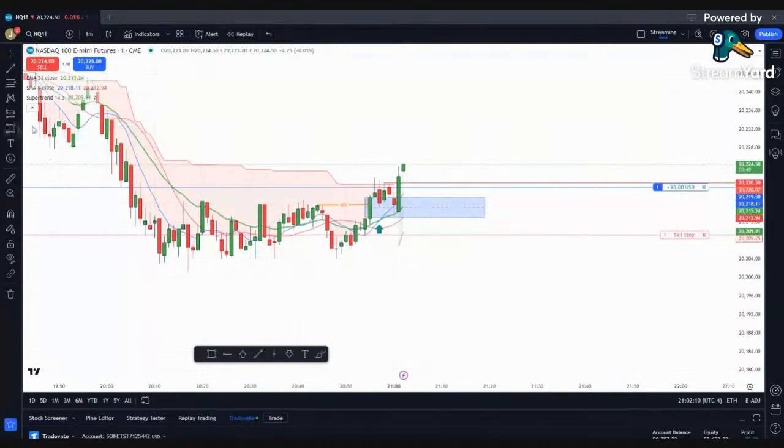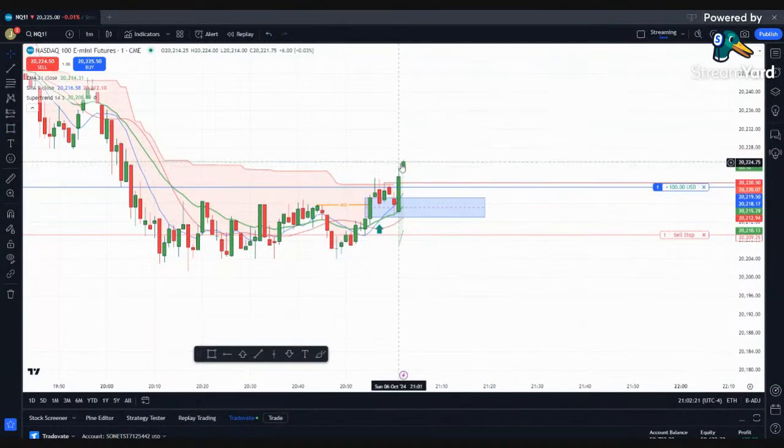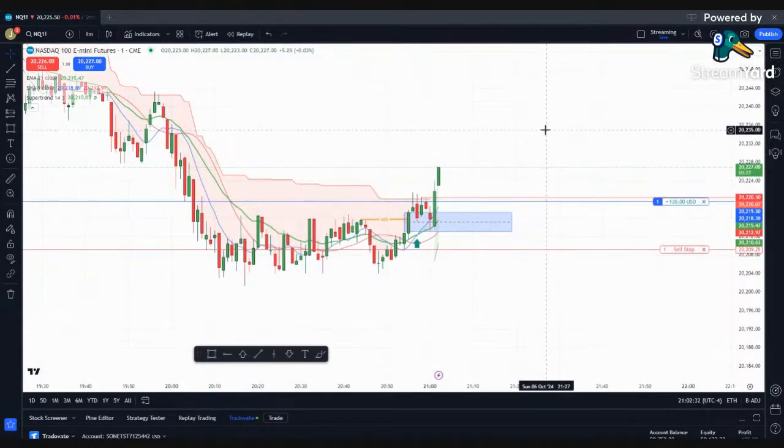And then you have now, wow, this one is beautiful. Let's see where this candle closes, and after that we will continue. We will map our bullish fair value gap.